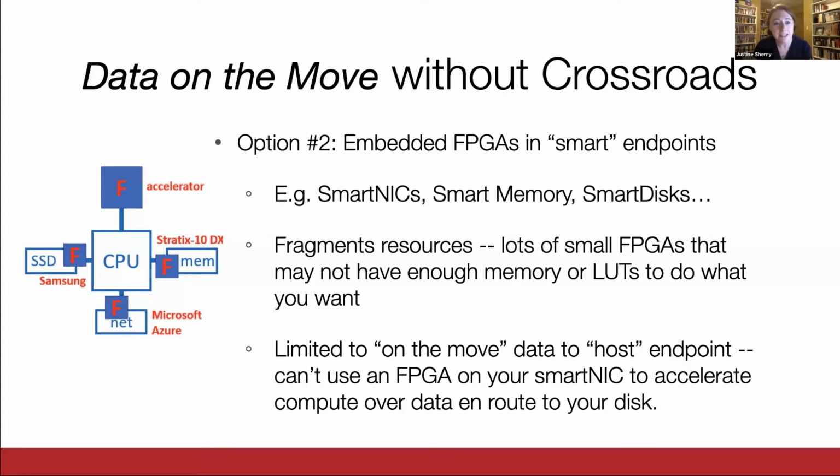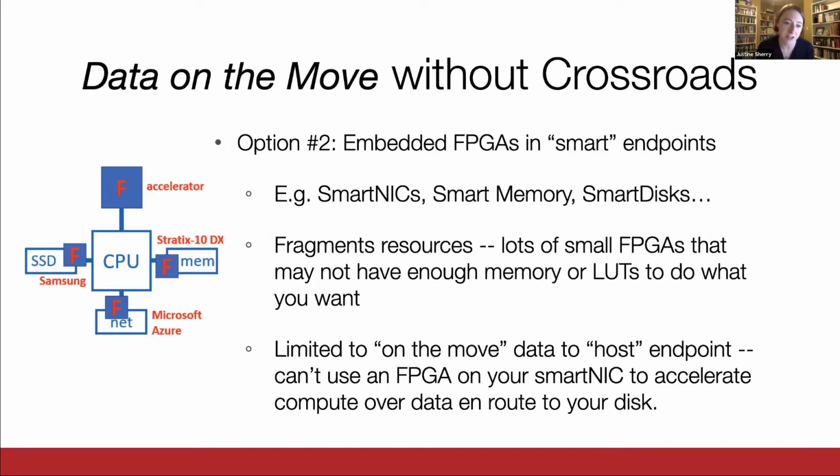And what you'll see in these systems, if data comes in from the network and then needs to be processed by a GPU, and there's some encryption or some acceleration or some other encoding that needs to happen on the data in flight, that hardware vendors will attach a little FPGA to the accelerator, and data will come in. It'll still go through the CPU, and then it'll hit the FPGA in flight that's attached to your memory or your disk or your GPU, and then it'll be processed there.